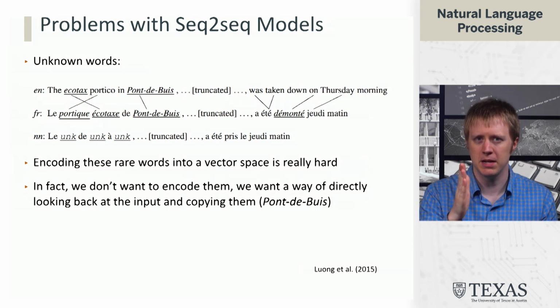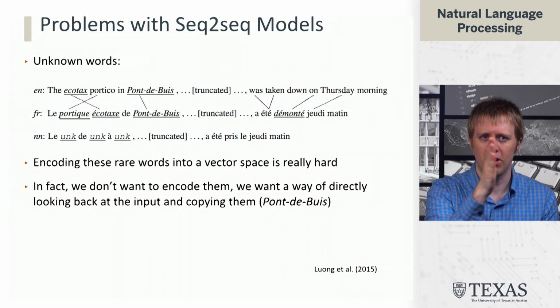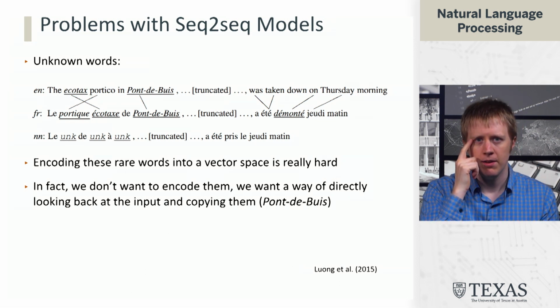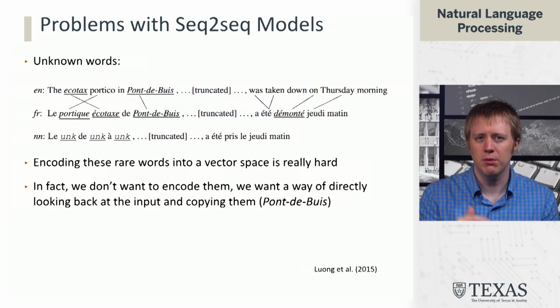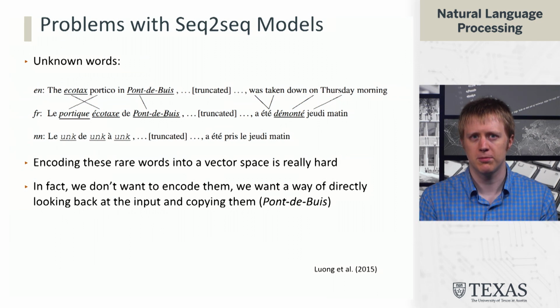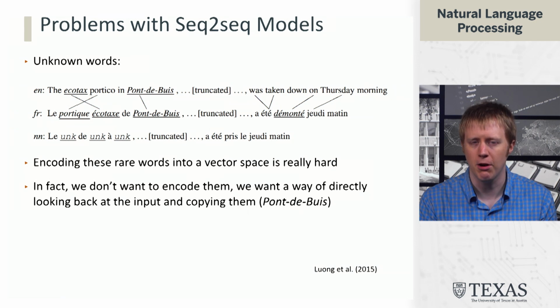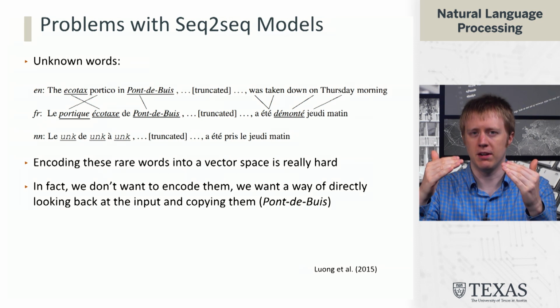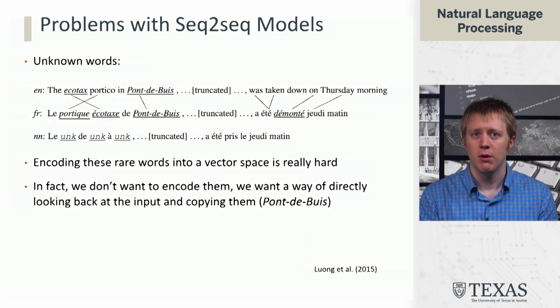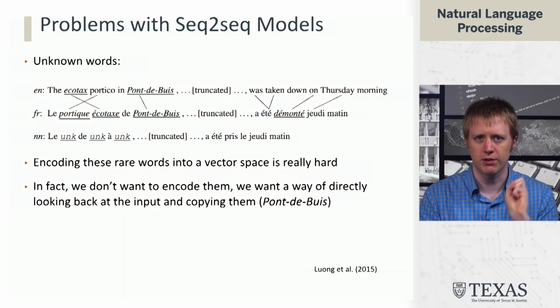And it's going to be hard to thread that vector all the way to the output, right? But it's like we're doing a lot of work we don't need to, because pont de buis, we see this string and we know that we should just copy this string into the appropriate place in the output, right? So why are we mapping it into this intermediate representation and mapping it back out when we could just be having some sort of copy operation?